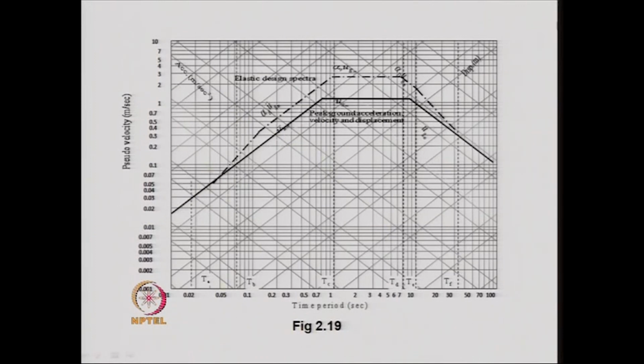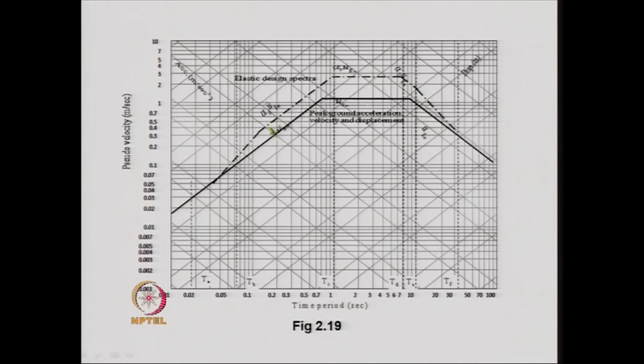Then this is the maximum ground displacement line, which is parallel to the acceleration line, and SD is measured along this line. So this line shows the maximum ground displacement, this line shows the maximum ground acceleration, and obviously this line shows the maximum ground velocity. So this is the baseline that we obtain.